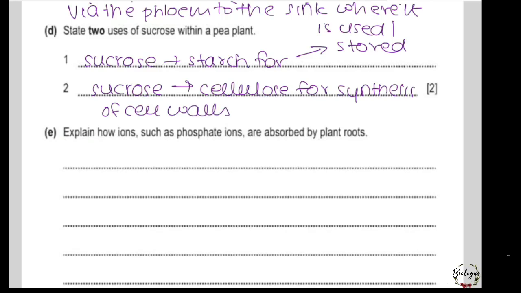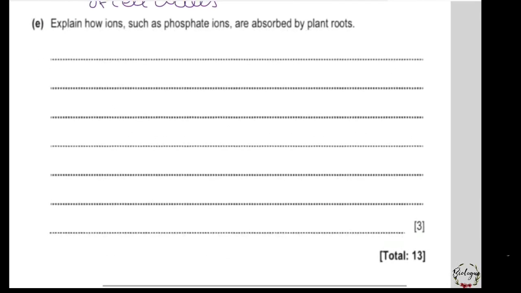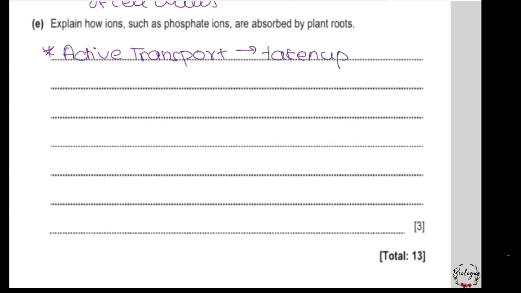Alright. Now explain how ions such as phosphate ions are absorbed by plant roots. Phosphate ions are absorbed by the plant roots via a process called active transport. So you have to mention that. Active transport is the first point you have to mention, that active transport is a process that helps to transport phosphate ions, where these ions are taken up against the concentration gradient.